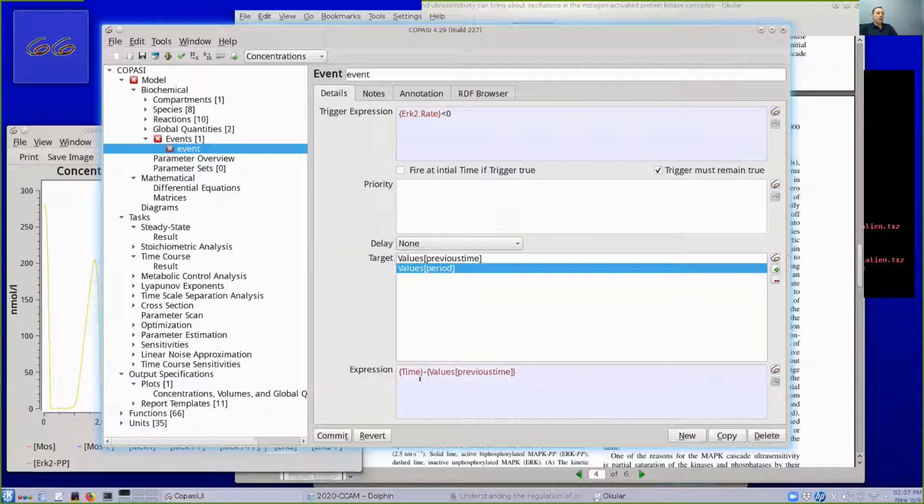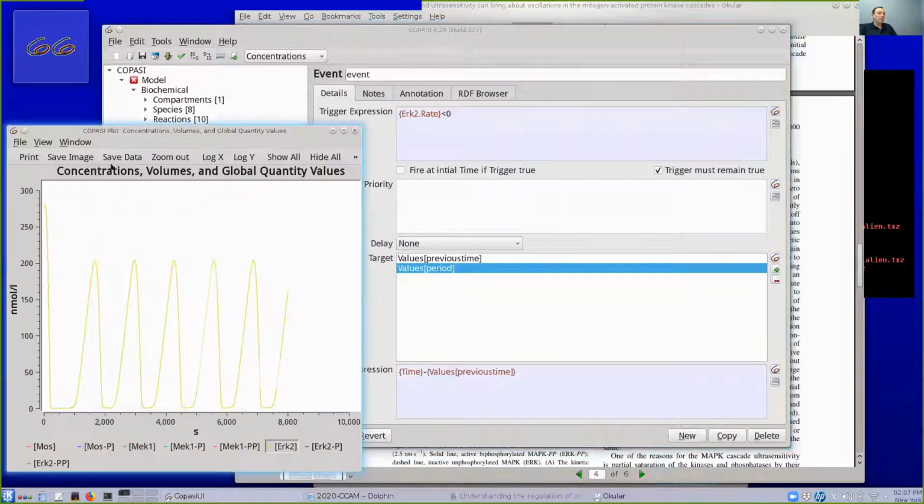Now, you're saying, well, what about the previous time? Well, the previous time was assigned in the previous event. Remember, there's several oscillations. So at the beginning, the previous time is 0. So the first period will be a number we don't care about, because we're going to run this for more than one oscillation. This will get updated every time the event is triggered, which is at every peak of this variable.